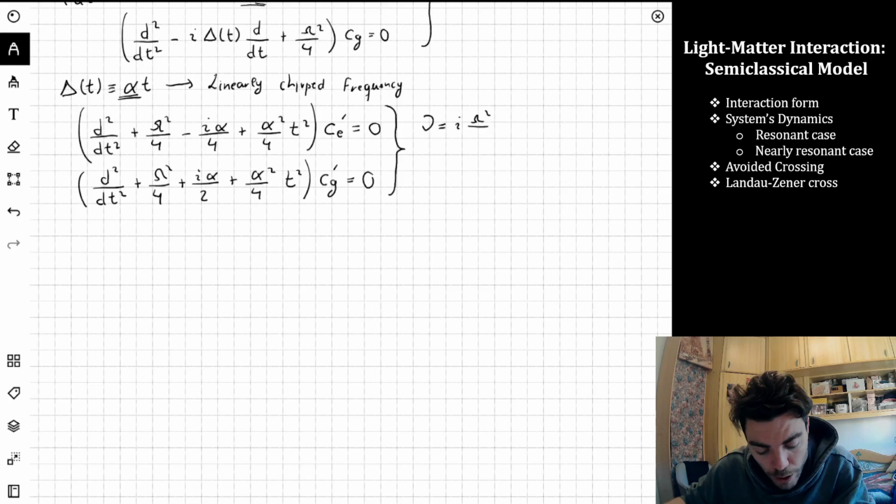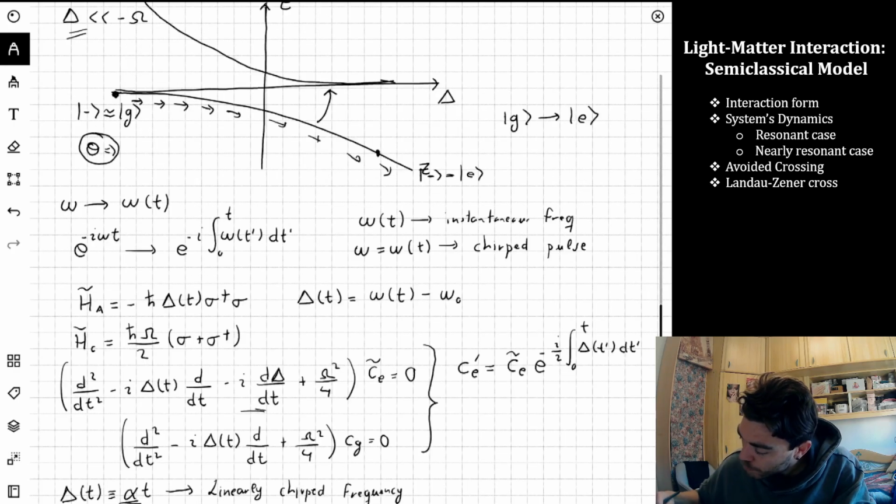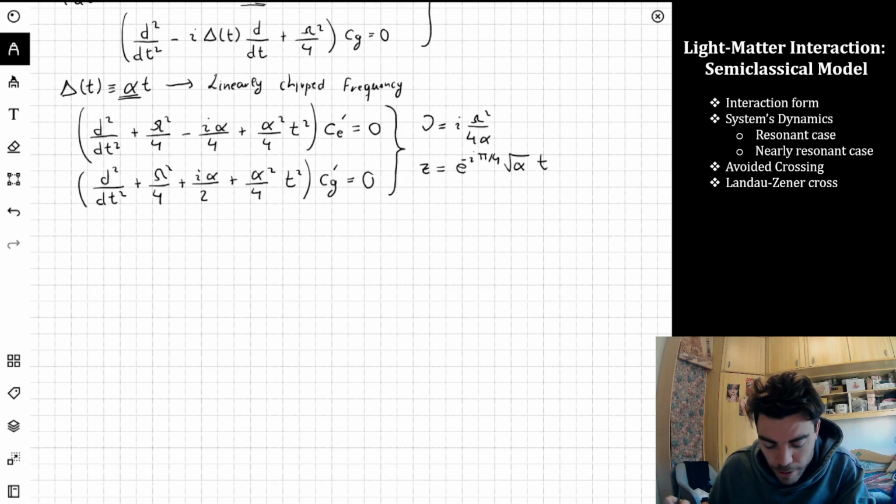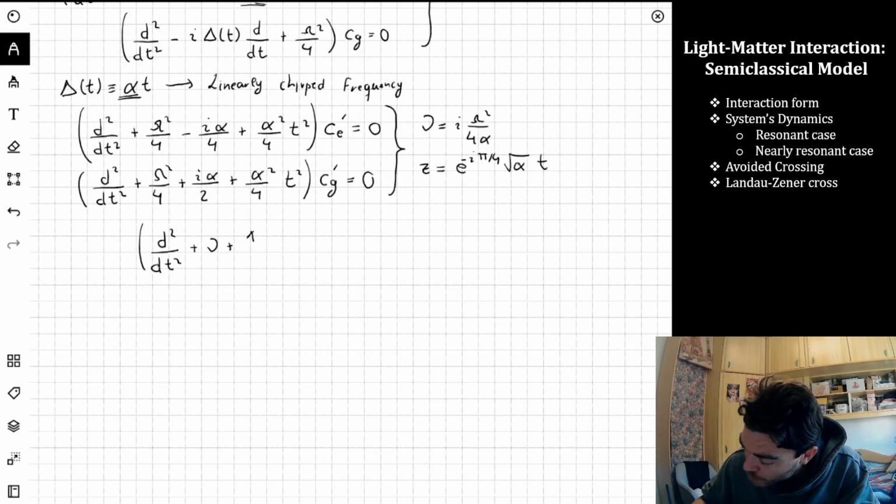If you do another transformation, calling nu this i omega squared over 4 alpha, and calling z e to the minus i pi over 4 square root of alpha t, then you get two simpler equations, but most importantly they are of the form of differential equations that are well known, which are called Weber's equation. So you get something like that.